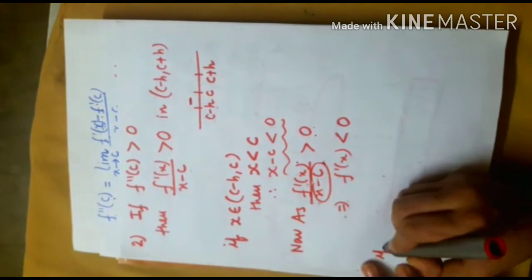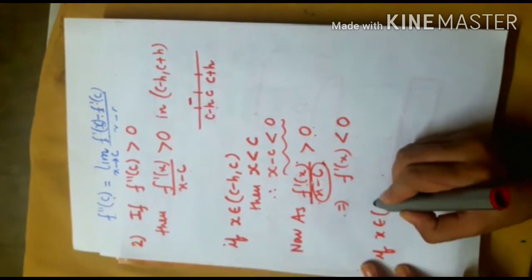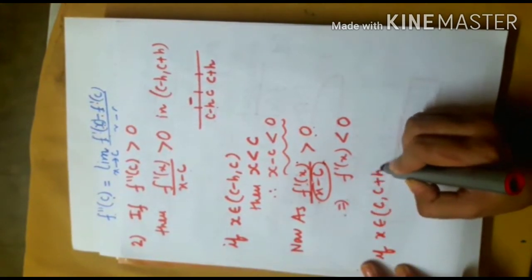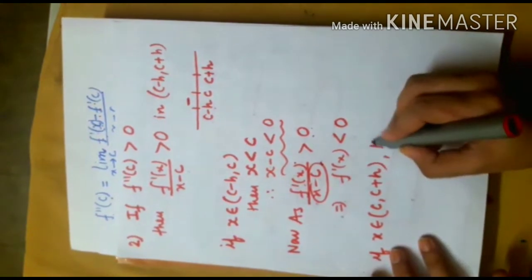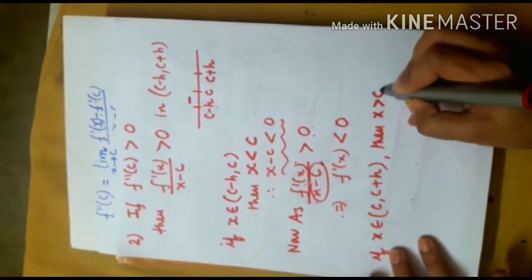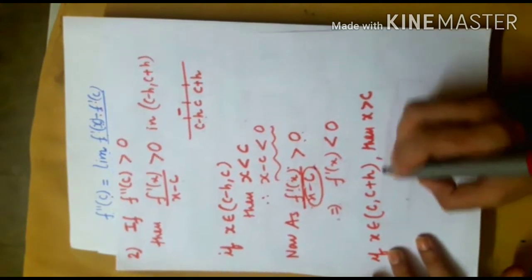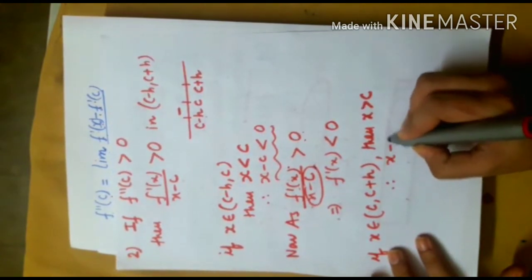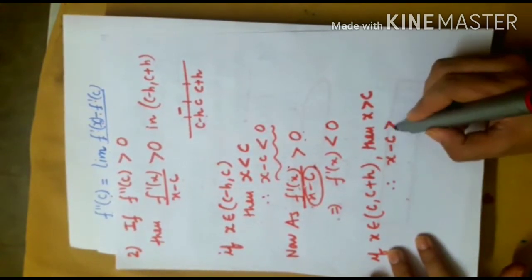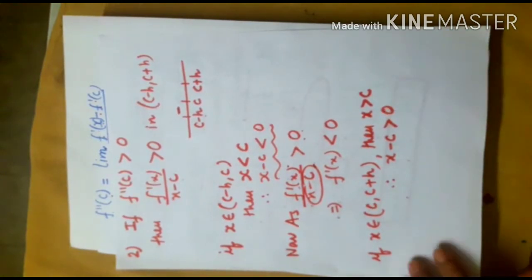Similarly, if x belongs to (c, c+h), then x will be greater than c. So therefore, x minus c will be greater than 0.